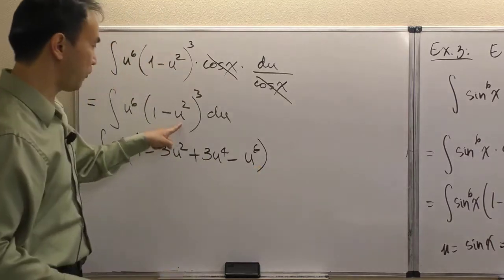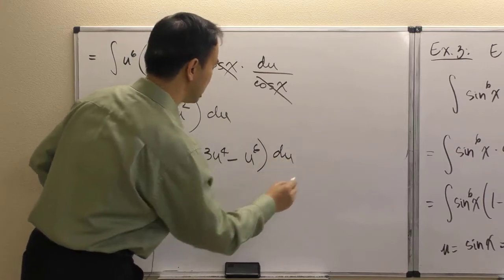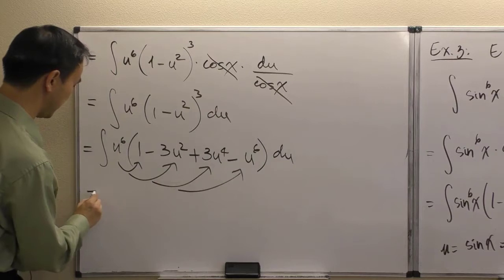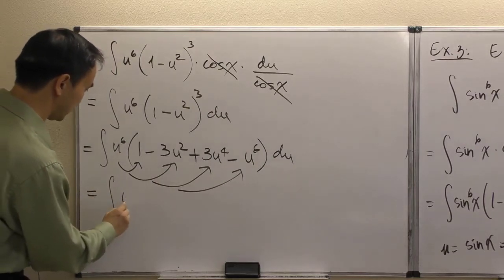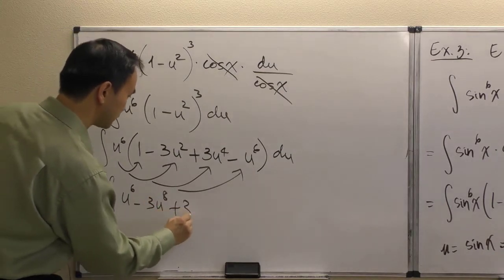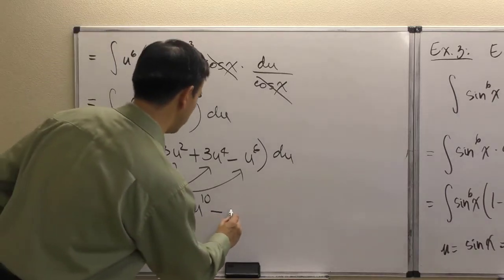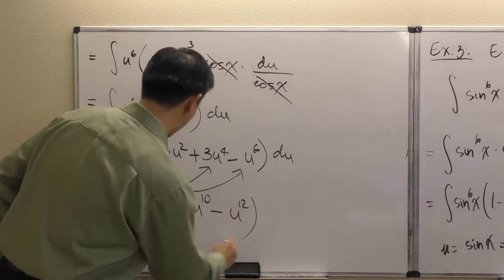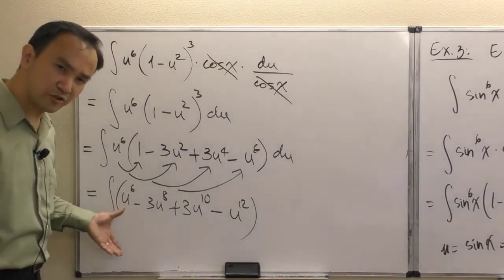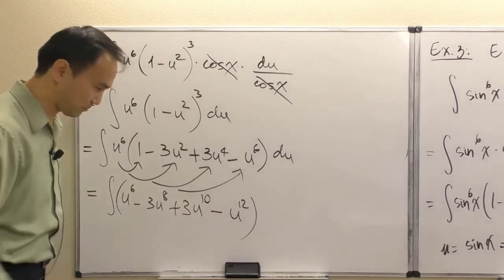That's how we FOIL out all of this and quickly get into that. And then in the next step, we can distribute out the u into each term like that. Okay, and so we're looking at an integral of u to the 6th minus 3u to the 8th plus 3 times u to the 10th minus u to the 12th, all the crazy high powers. But in the end, as I said earlier, this is a very manageable integral because they're all just power rules applied here.